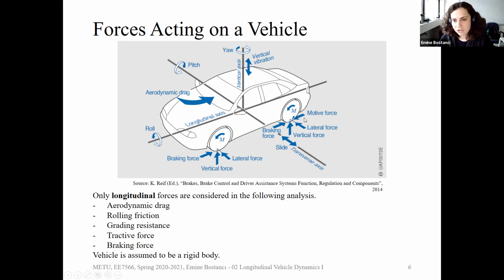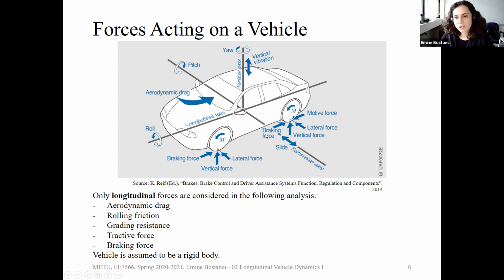Tractive force, it is just shown here, the motive force. So this is a rear wheel driven example, most probably. So that's why the motive force is just applied to the wheels which are connected to the internal combustion engine or the electric machine. And they are going to be also kind of pushing the vehicle in the forward direction.